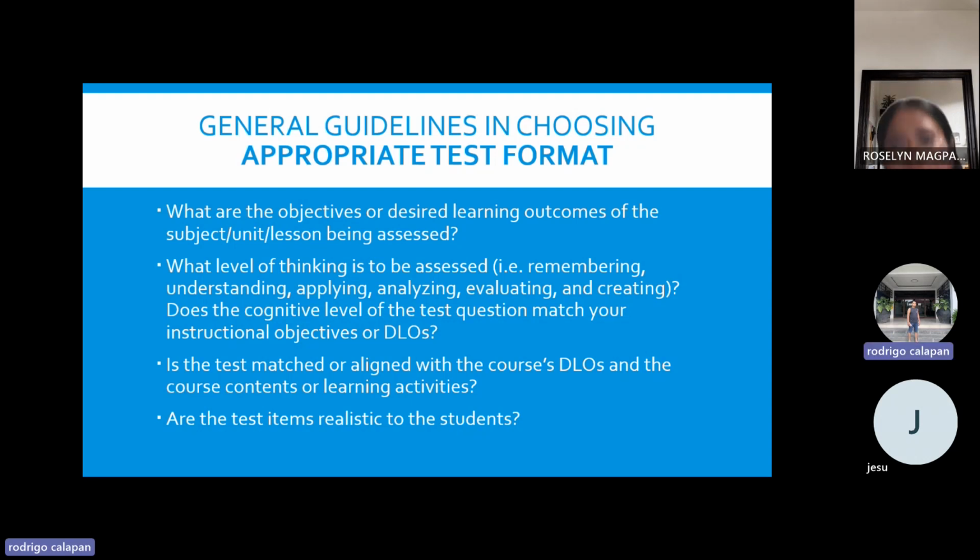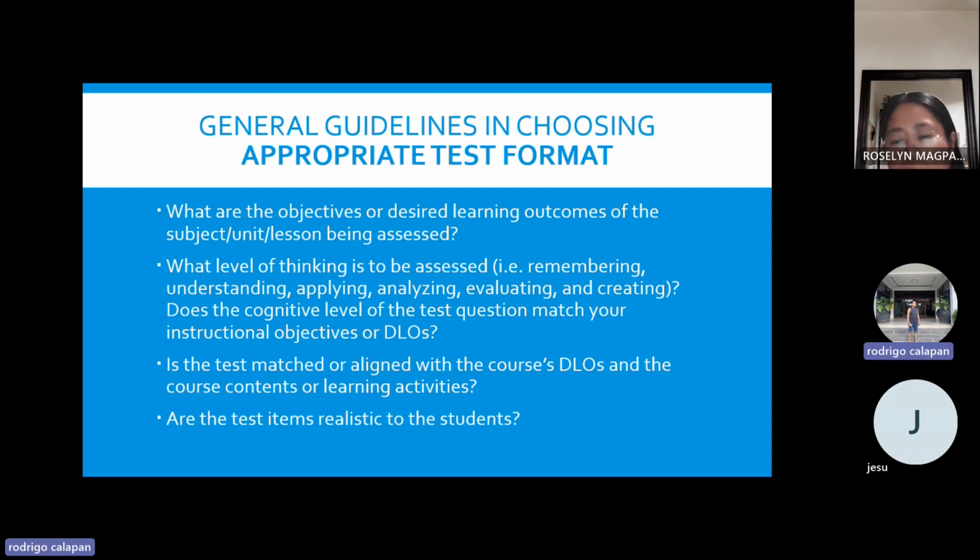So, does the cognitive level of the test question match our instructional objectives? The level of thinking to be assessed is also an important factor to consider when designing a test. As you know, this will guide us in choosing the appropriate test format.